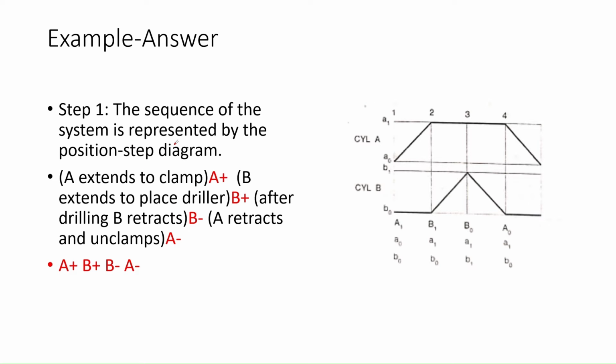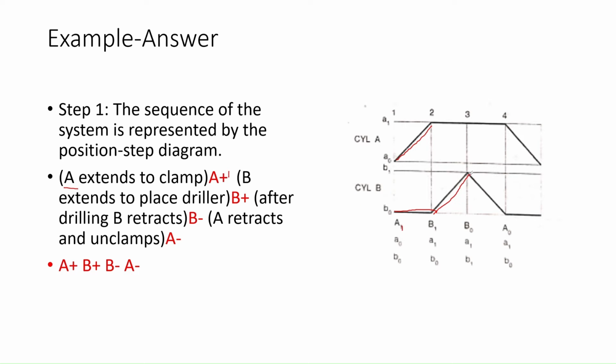We know in the first step we have to draw the position step diagram. On the right side you can see this position step diagram. How is it drawn? From the question we know that initially the cylinder A gets extended to clamp the workpiece, which can be denoted as A plus or A1. Initially cylinder A is at rest, then it goes to the extended state. After that, B extends to place the driller and the drilling action is done there.